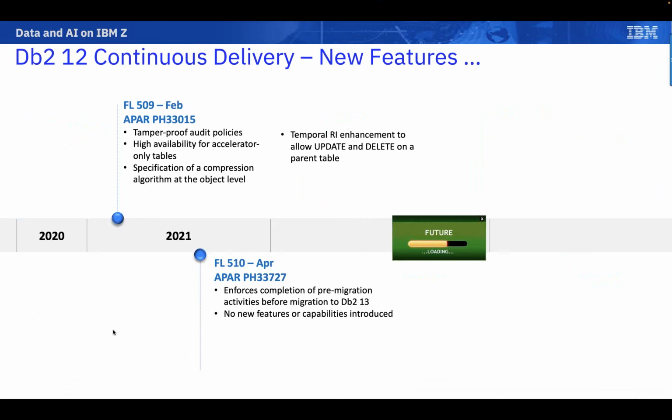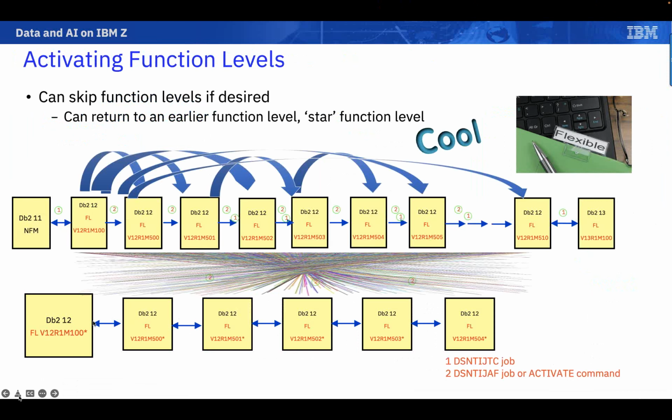And so if that's the case, then every one of you out there should already have on a level of code that would allow you to get to function level 510. That was with APAR PH33727. So since I'm going to talk more about 510, we can just continue on, Anthony. Okay, there you go. Thank you.